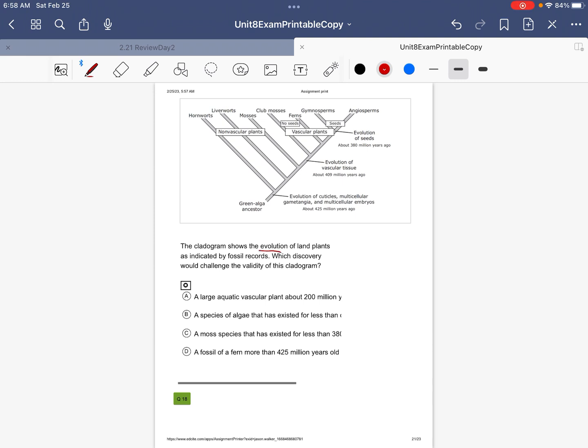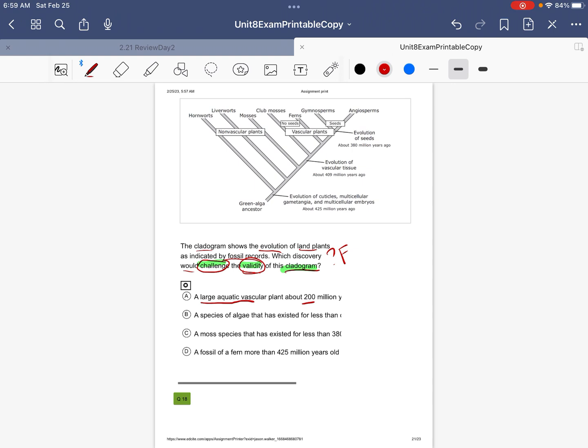The cladogram shows evolution of land plants as indicated by fossil records. Which discovery would challenge the validity of this cladogram? So basically, which one would make this false, right? Because it's going to challenge it because it doesn't fit. So which one is false? A large aquatic vascular plant about 2 million years old.